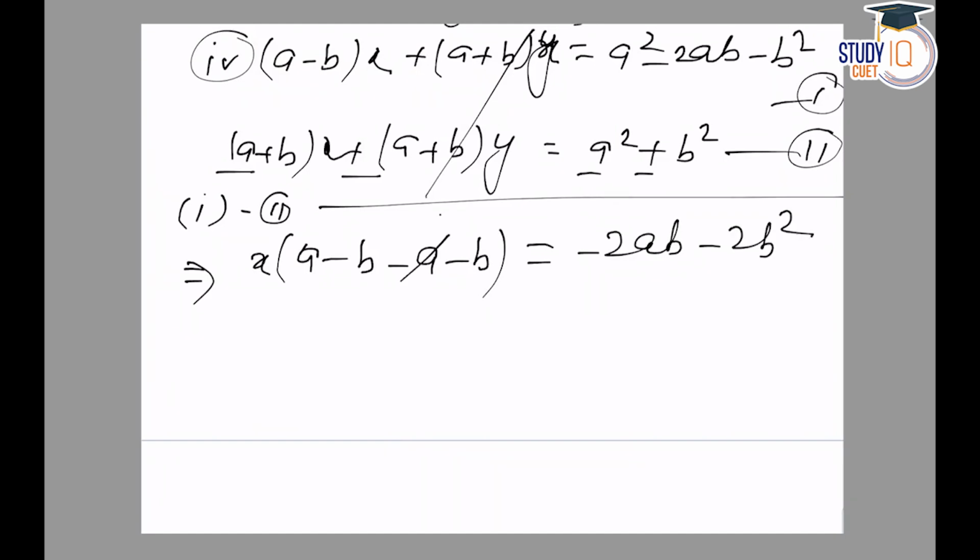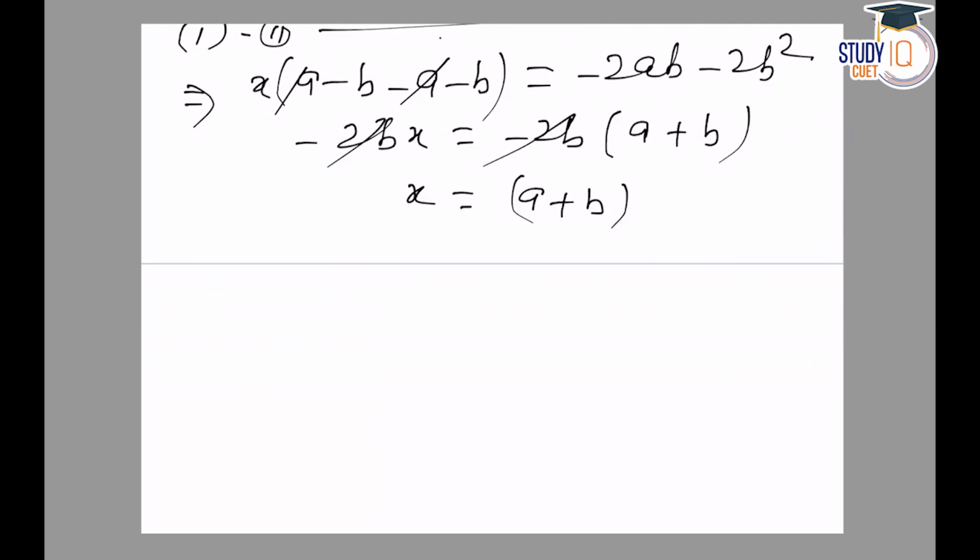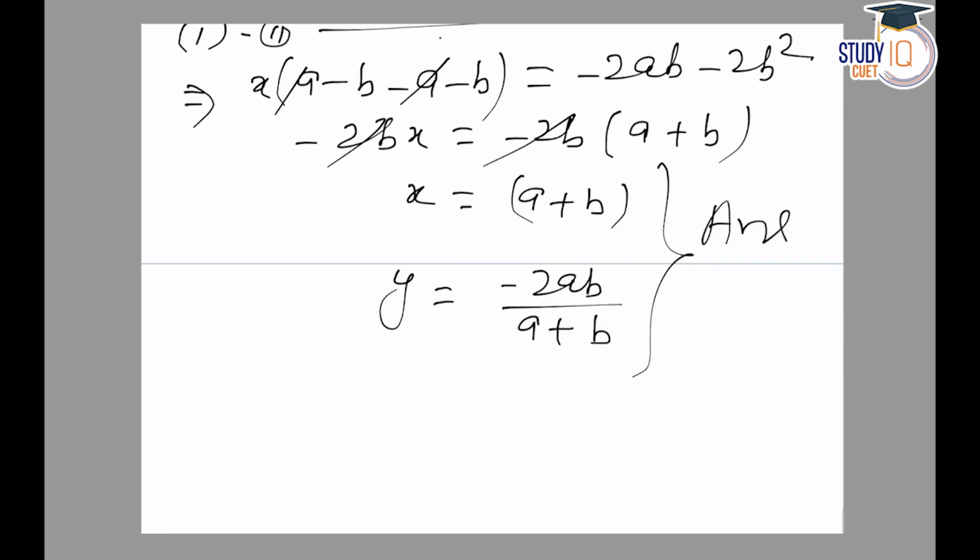So a will be cancelled out, minus 2bx equals minus 2b into a plus b. So x is a plus b. Now put the value of x in any one equation to get y as minus 2ab divided by a plus b. That is the answer.